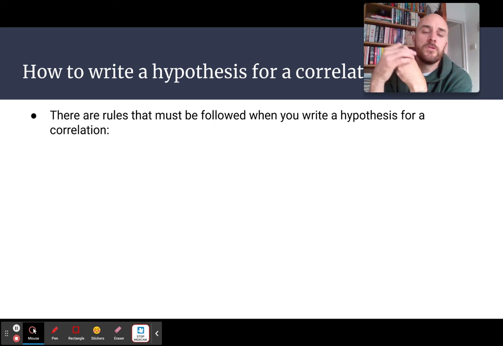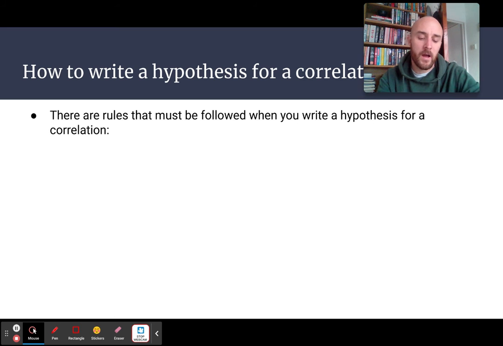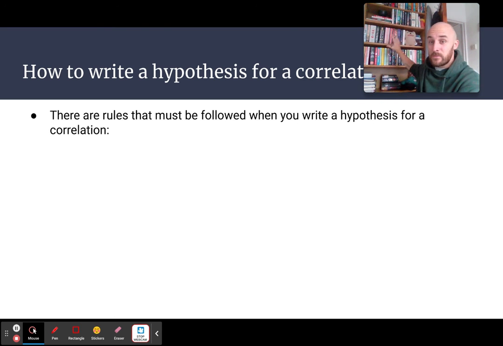There are certain rules you have. Now, just a reminder before we go into this, for an experimental hypothesis, which we looked at in the past, you need your 2 IVs and a DV, all operationalized.